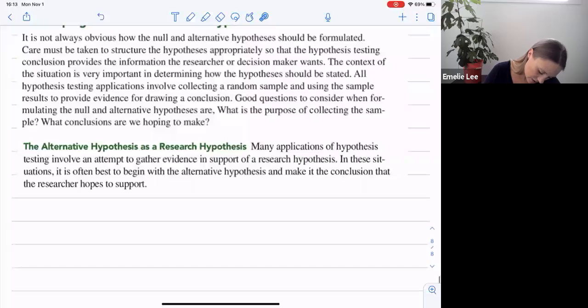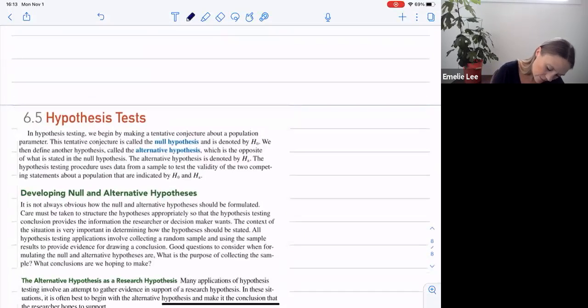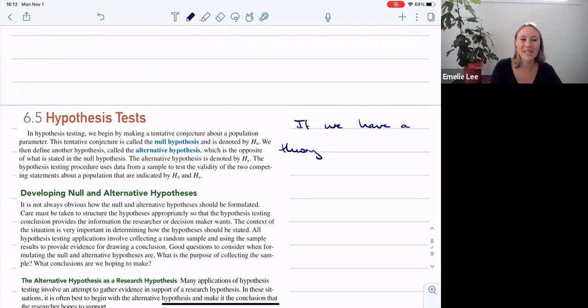And so let me just maybe shrink this up so I can write along the side here. If we have some hypothesis, we do a hypothesis test. Well, that's not very helpful.